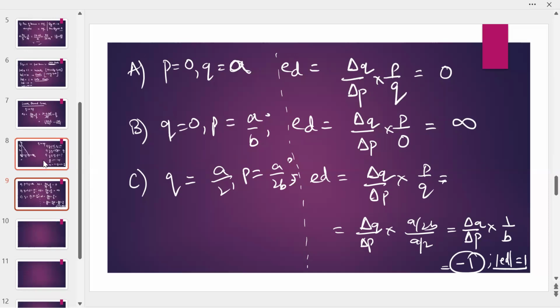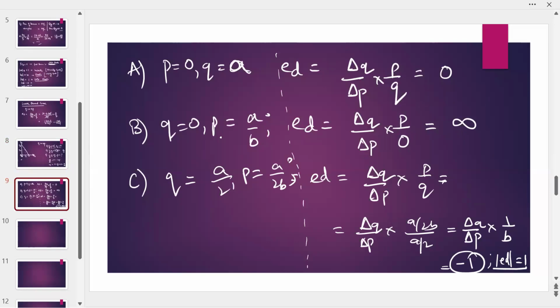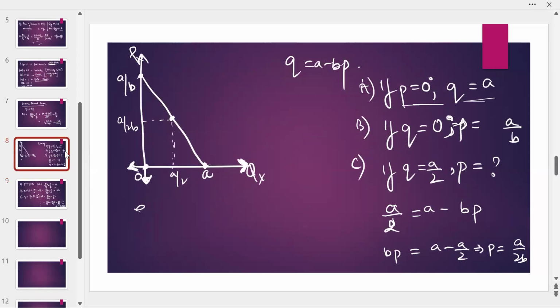Let's see with the help of an example. In case A, we have elasticity of demand as 0 when the price is 0. How do we interpret that?